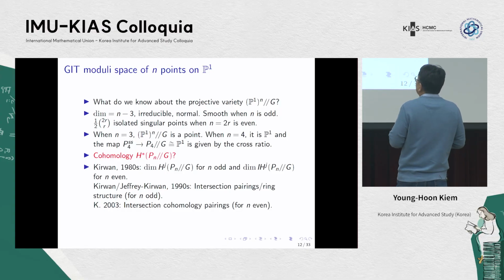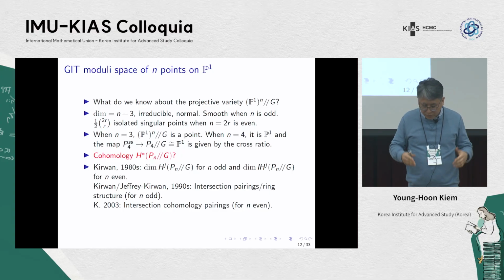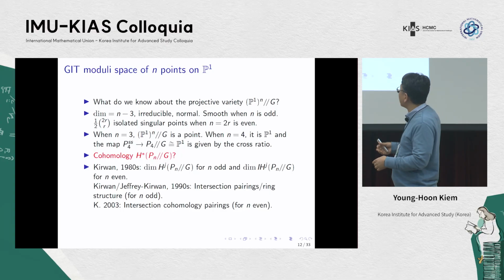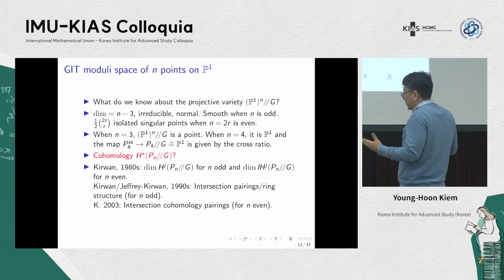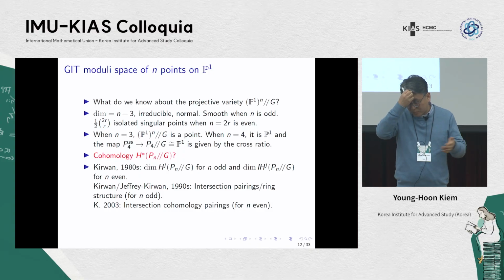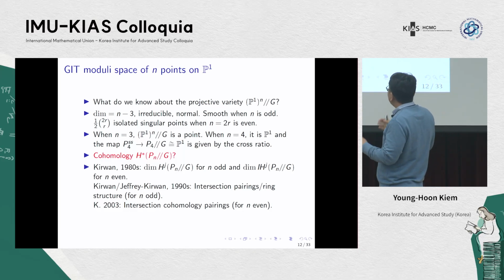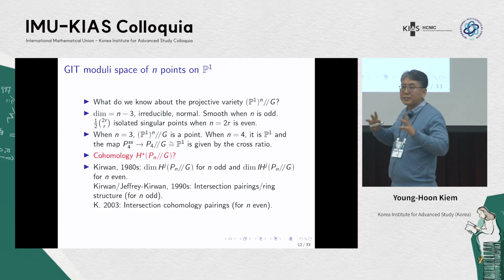So obviously, we want to understand this projective variety, the GIT quotient of P1 to the nth power by the action of G. What do we know about this? We know that it's n-3 dimensional, it's irreducible, it's normal. Normal means singularity is not too bad. And when n is odd, the quotient is smooth.